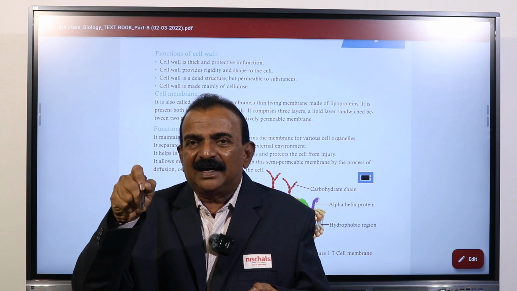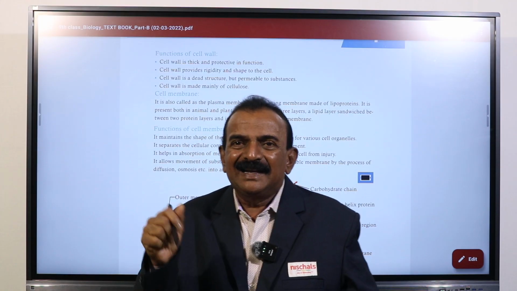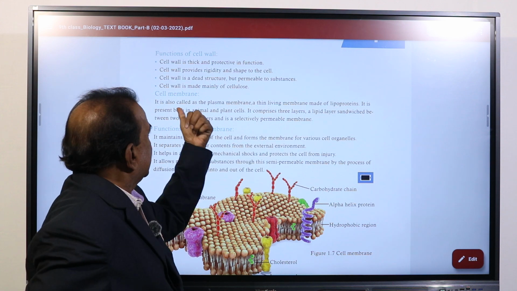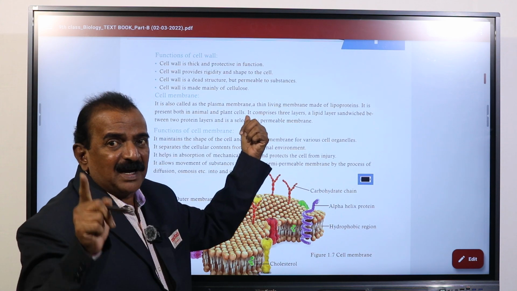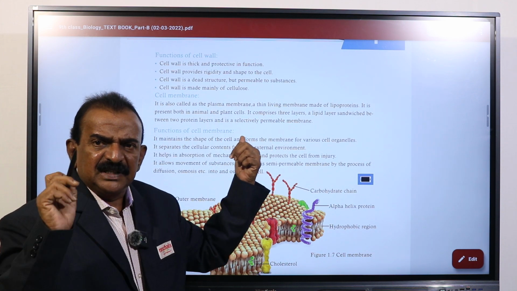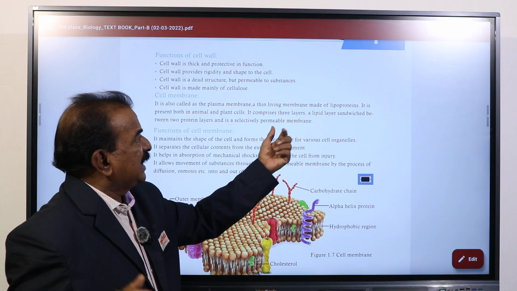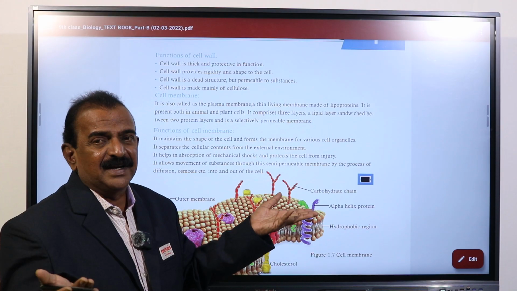So in between the two protein layers, the lipid layer is present. Here you see lipoproteins. The cell membrane is also called the plasma membrane, and it is made up of lipoproteins.